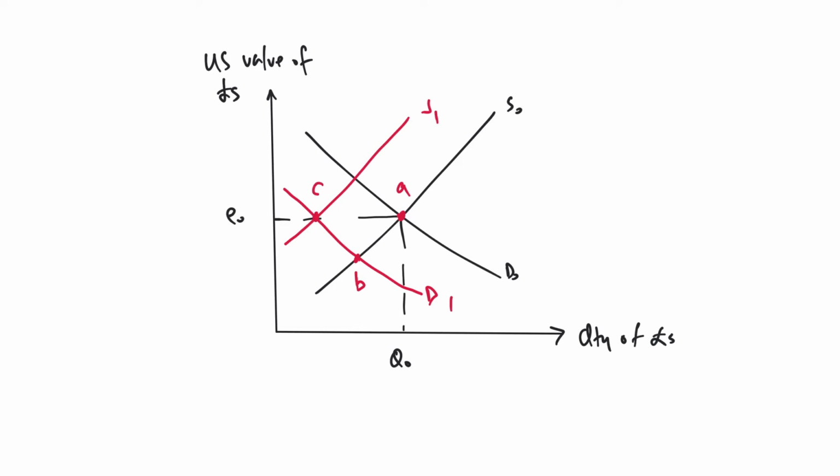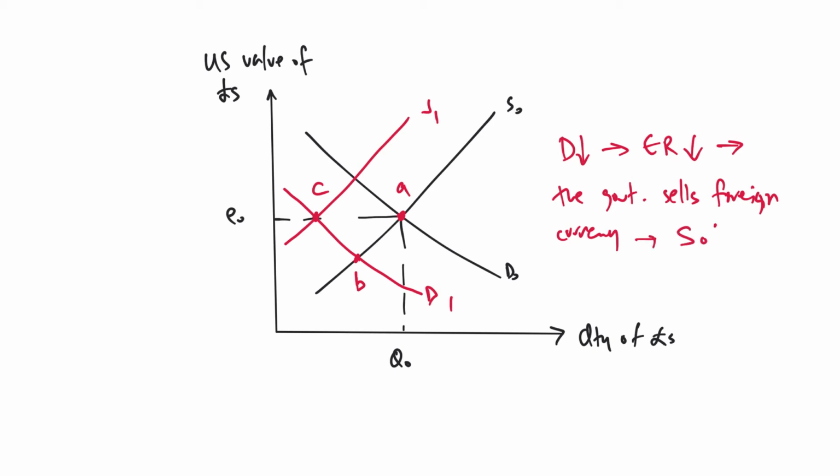So what I'm saying is just that if the demand falls and the exchange rate falls, the government basically sells foreign currency, which will result in the supply of pounds falling in the market, and the exchange rate would rise again.